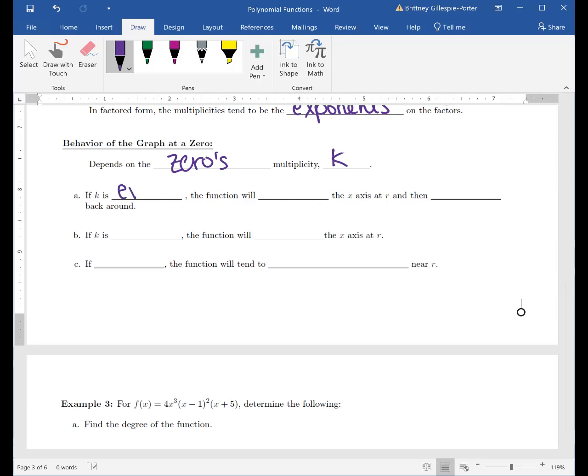If k is even, so if the exponent is even, or the multiplicity is even, the function will touch the x-axis at r and then turn back around. So touch and turn. Some people call this a bounce.